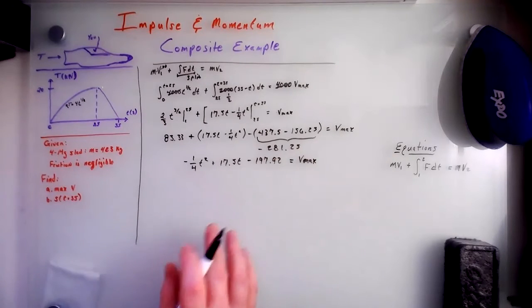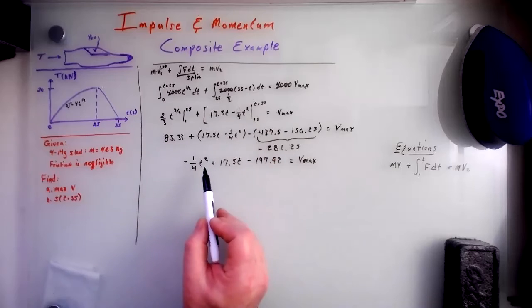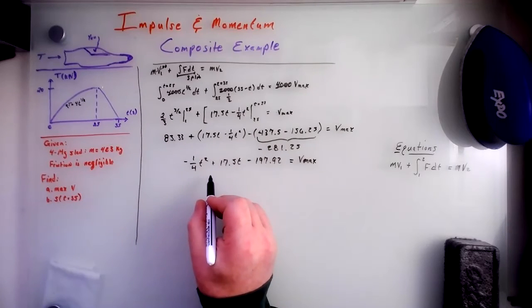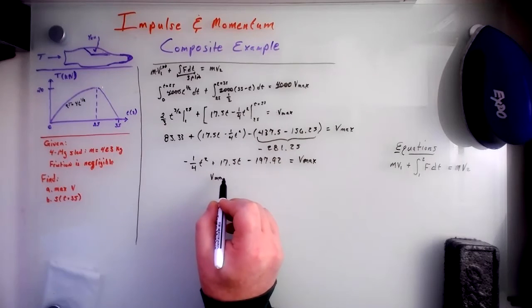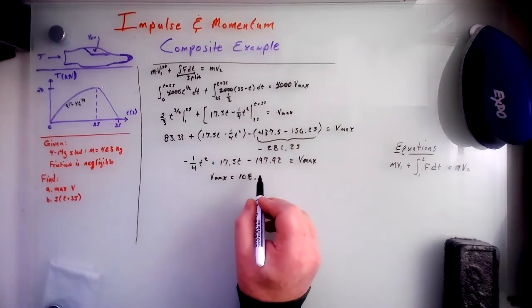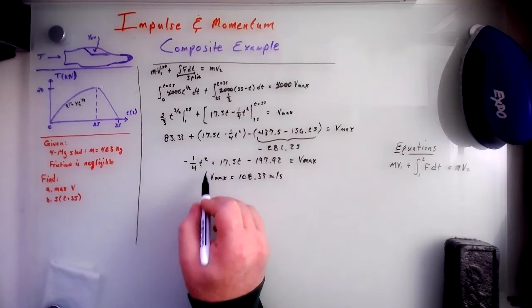When I come back up and use 35 for t, we get that Vmax is equal to 108.33 meters per second.